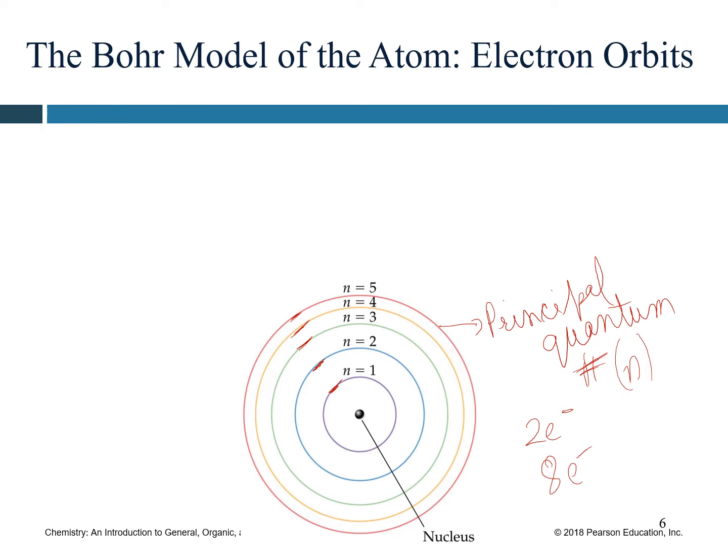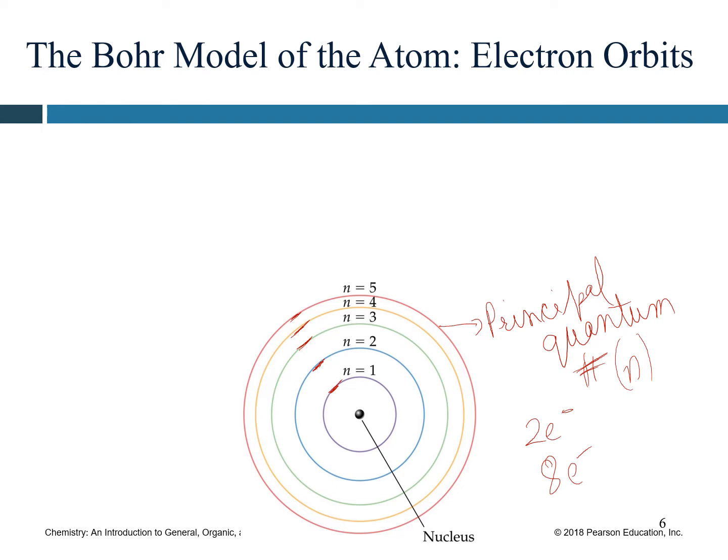As we know, based on our previous video, we can figure out how many electrons are present in an atom. So if we know the number of electrons, we can distribute them around these shells. The only important thing is that the first shell we always fill up is the one that is closest to the nucleus.